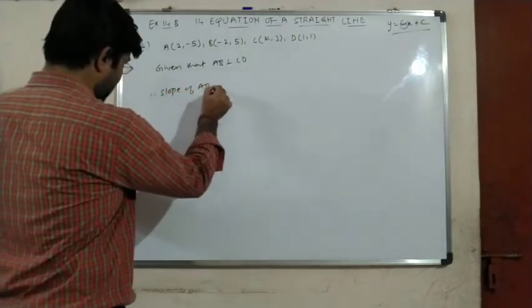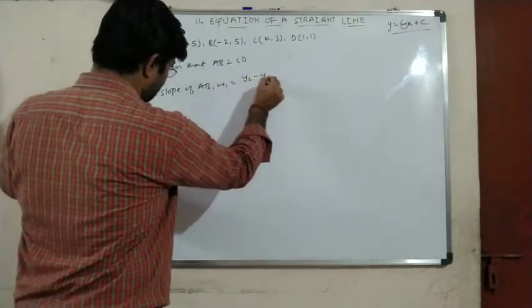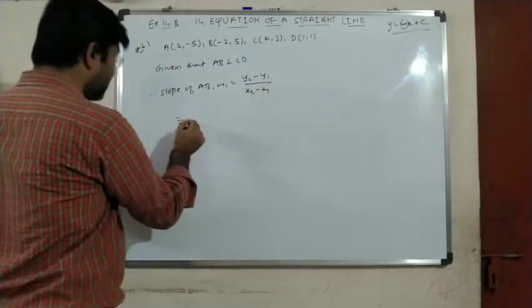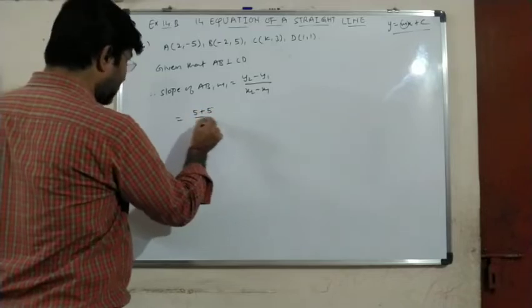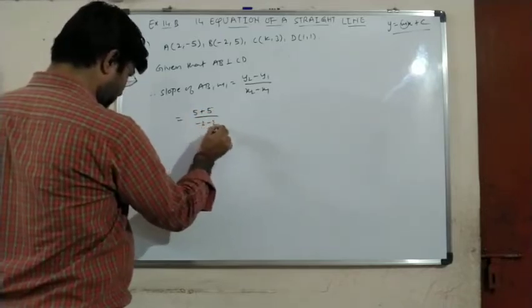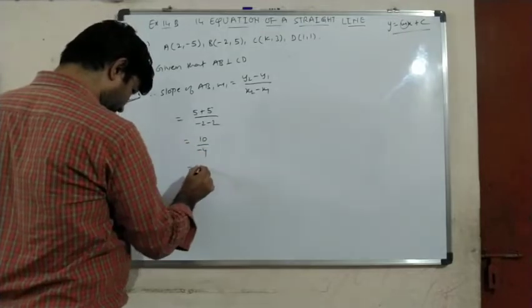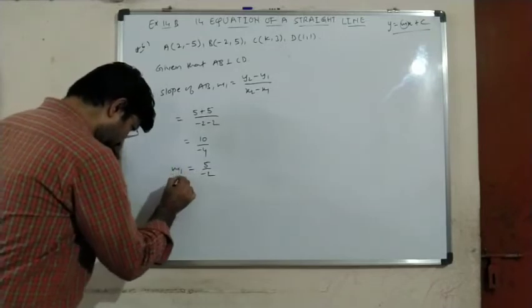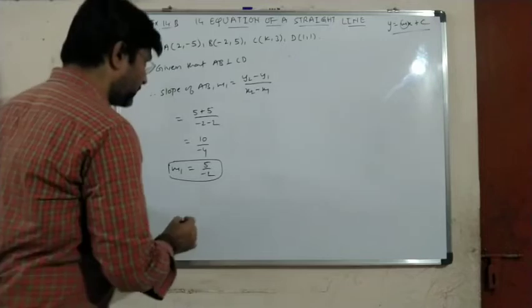Slope of AB denoted by M1 is equal to (y2 minus y1) upon (x2 minus x1), equal to (5 minus (-5)) upon (-2 minus 2), which is 10 upon minus 4, which is equal to 5 upon minus 2. This is m1. Clear?